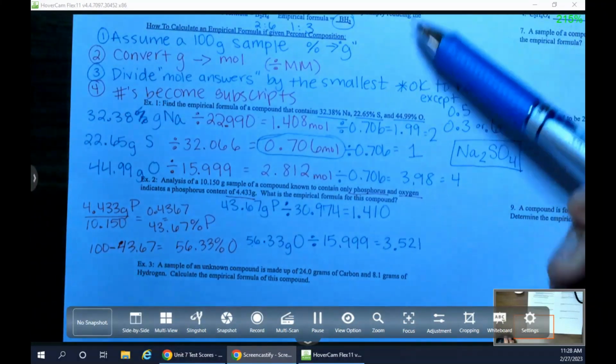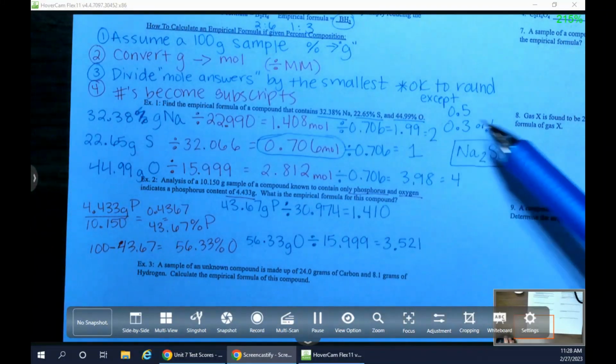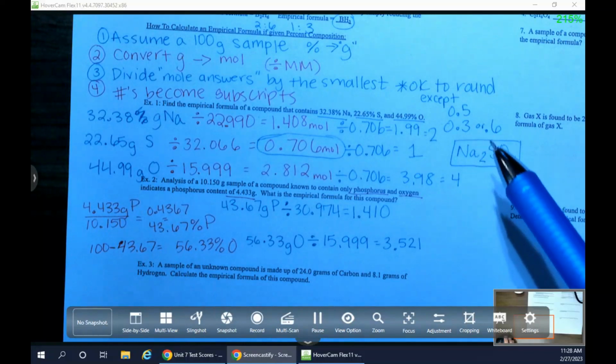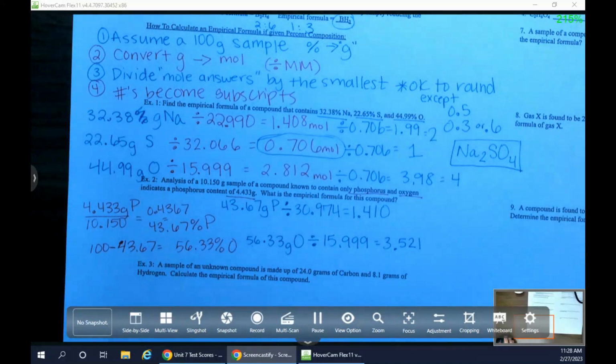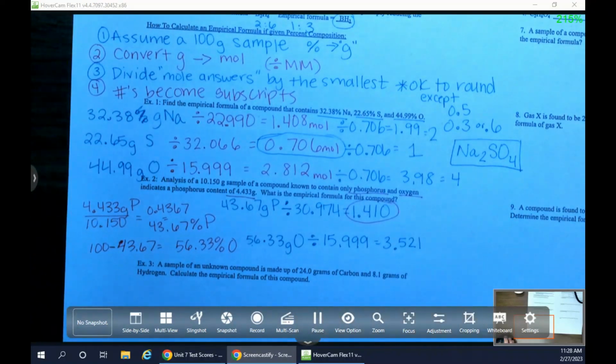All right. Third step. Divide your mole answers by the smallest. This is going to be the step that it's okay to round things, except for if you get 0.5. Okay? And we'll talk about that. All right, so we're going to divide both of them by what number? Exactly. This is our smallest, so we're going to divide both of them by that.